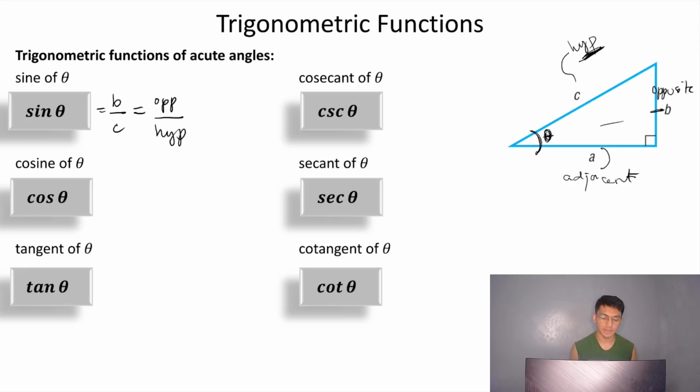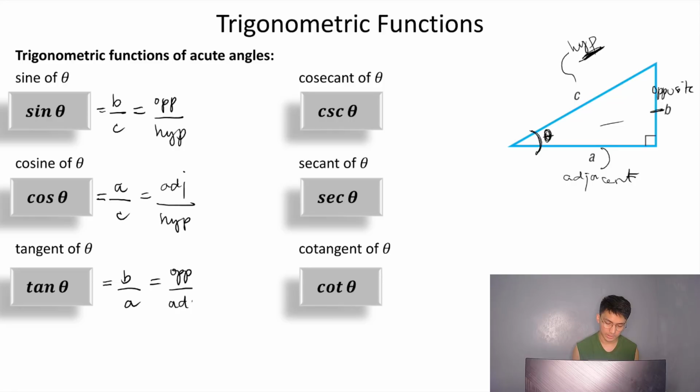Next, for the cosine theta, we have the adjacent A, or the side A, over the hypotenuse C. Or simply, sulat na lang natin as adjacent over hypotenuse. Next, for tangent theta, we have opposite B over the adjacent A. Or simply, sulat na lang natin as the opposite over the adjacent.